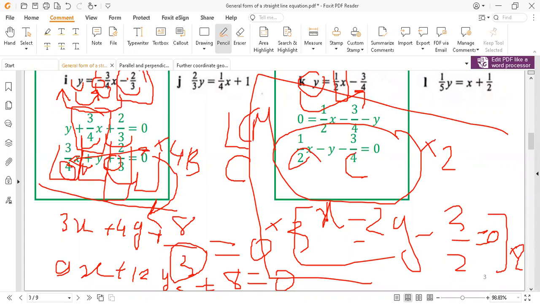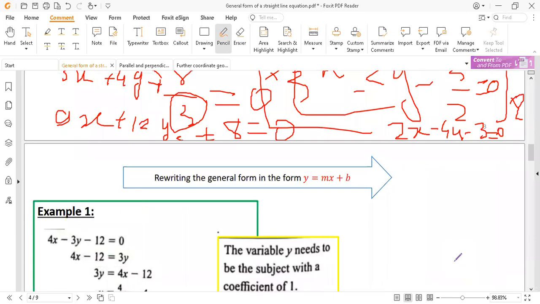Okay, LCM, the lowest common multiple between the denominators. But we can do it a different way to obtain finally 2x minus 4y minus 3 equal to 0. These are the main steps here.